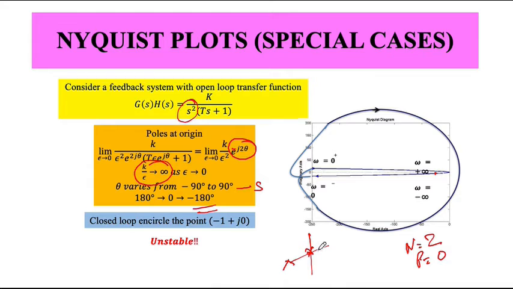As K is greater than 0, the root locus would look like this. For any non-zero value of K, the poles are always there, and these are the two unstable poles, which are also captured by the Nyquist plot. Therefore the closed loop system here is unstable.